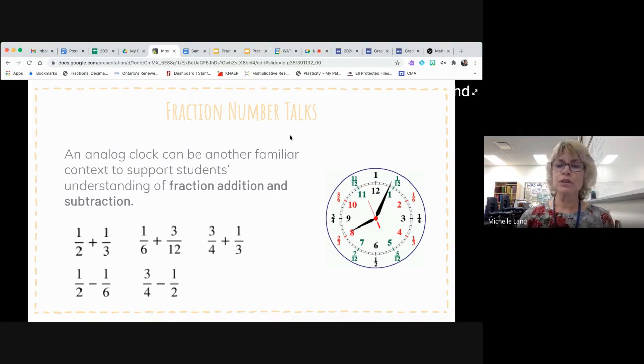Using those familiar contexts with the visuals and going through one expression at a time will help students develop, hopefully, the confidence that they do know something about fractions, and some fluency with representing fractions in different ways, whether in terms of money with the whole as 100, or a clock with the whole as 12 or 60, depending on the fractions they're dealing with.